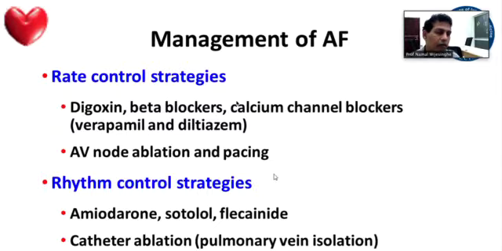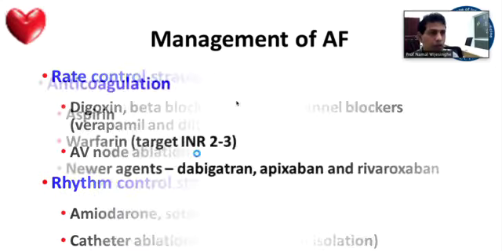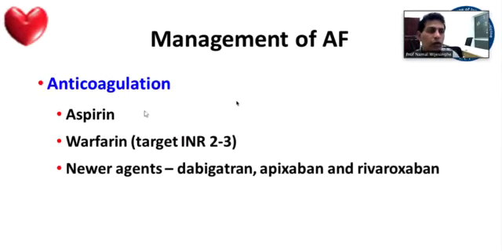The cardiac electrophysiologists ablate the atrial muscle, especially around the origins of the pulmonary veins, and they ablate the rhythm. So I'm not going to go into details again, just highlighting what you can do. Anticoagulation is done by either aspirin, if the score is very small, or the common one is warfarin.